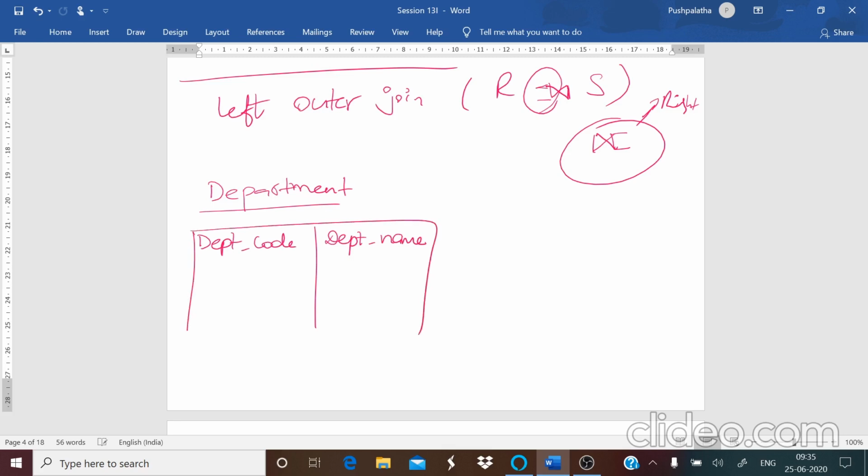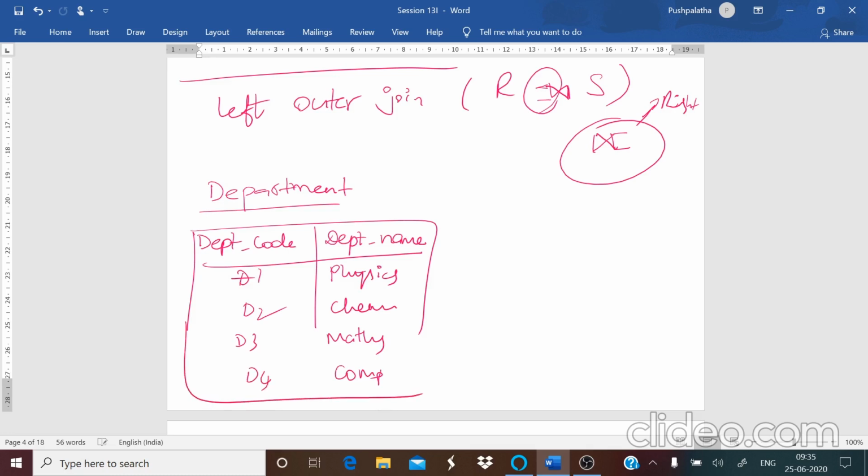You have values D1, D2, D3, D4: physics, chemistry, maths, computer science.